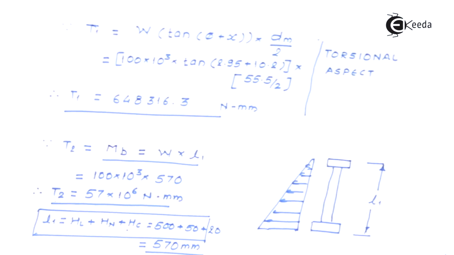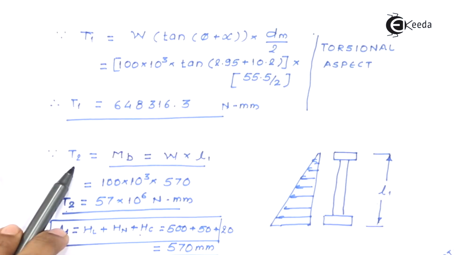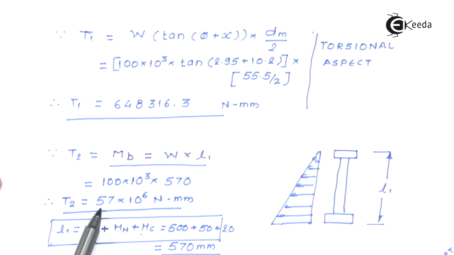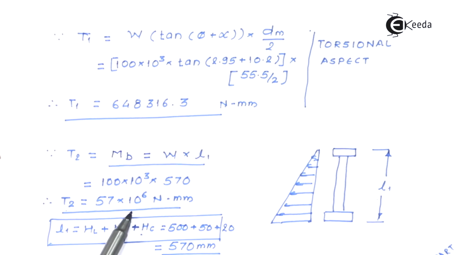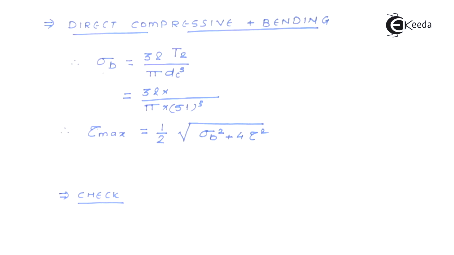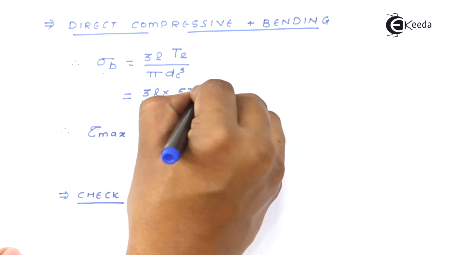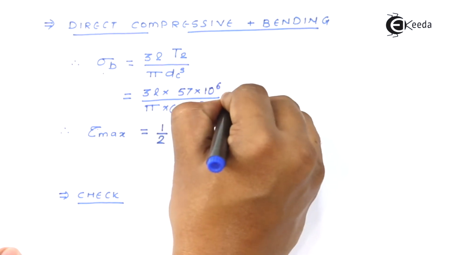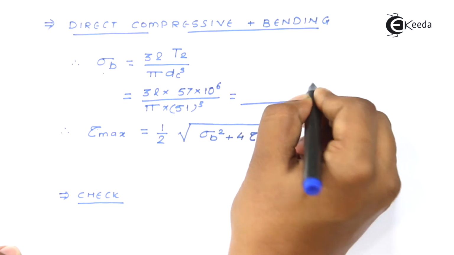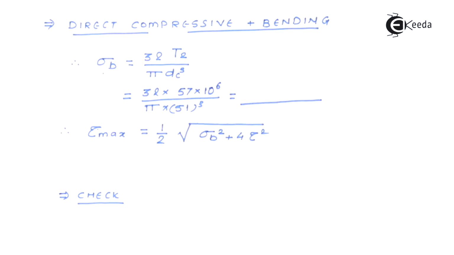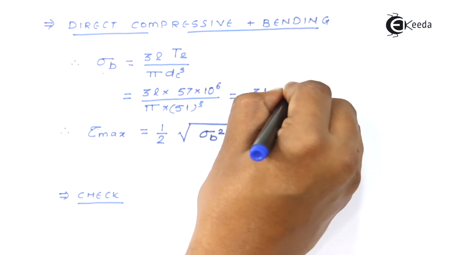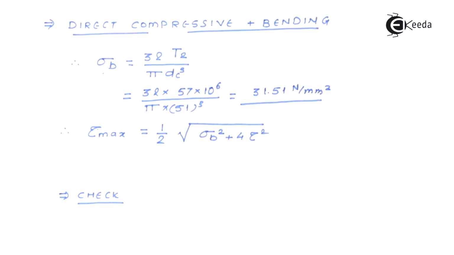We have already found out the value of second torque, which is because of the bending, and it comes out to be this value which we are going to use. The value is 57 into 10 raised to 6. Upon solving this, we'll get the value. So that is what the bending stress going to be induced in this particular power screw.